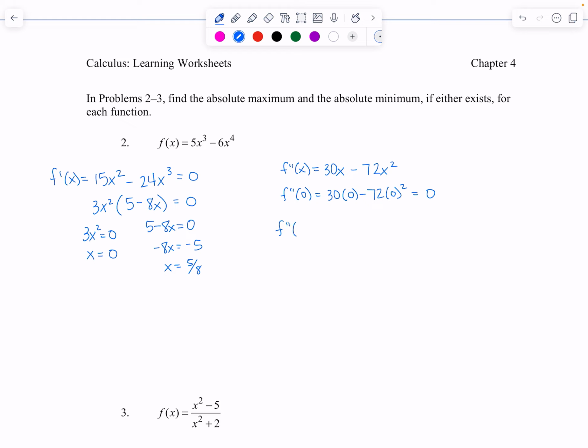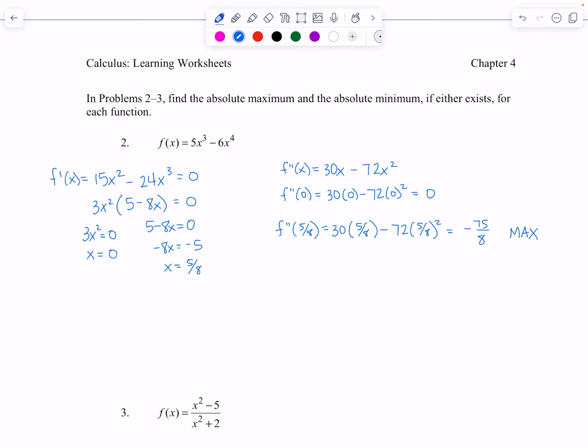And the second one, 5/8: 30 times 5/8 minus 72 times 5/8 squared. This will give us negative 75/8. And so our second derivative test fails at 0, but it tells us that there is a local max at 5/8. So that's important for us to know.